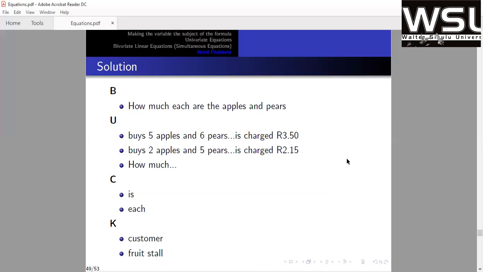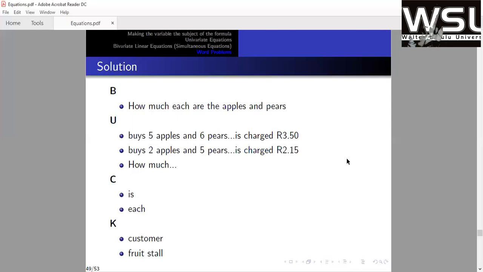Now, the underlined important information here is that 5 apples were bought along with 6 pears, and the sum of those was 3.50. 2 apples and 5 pears were bought, and their total fee charged is 2 rand 15 cents.